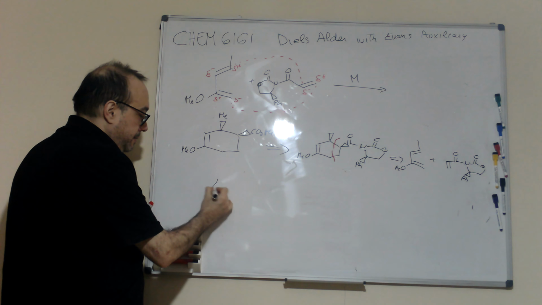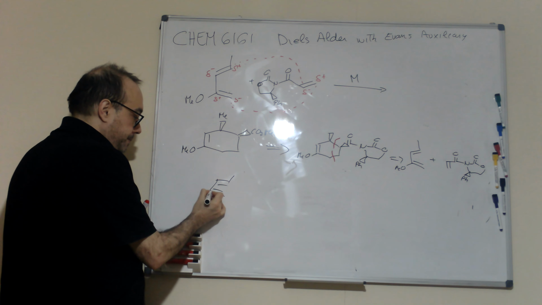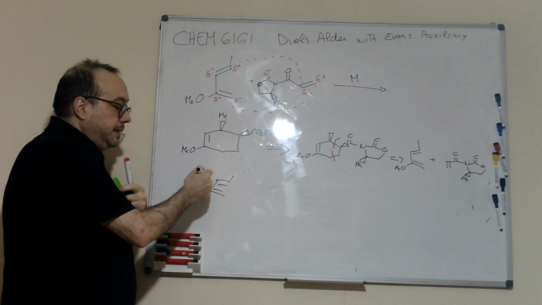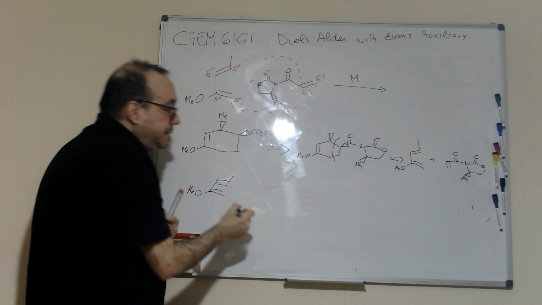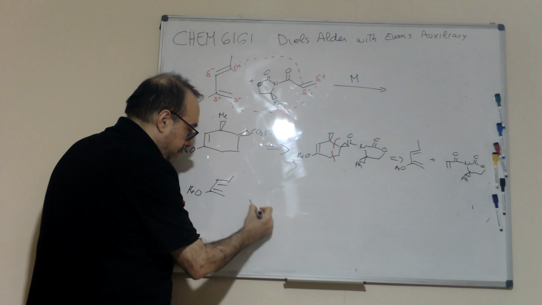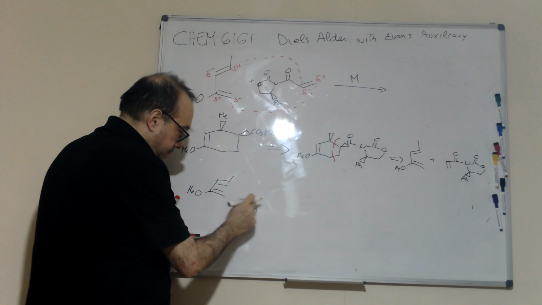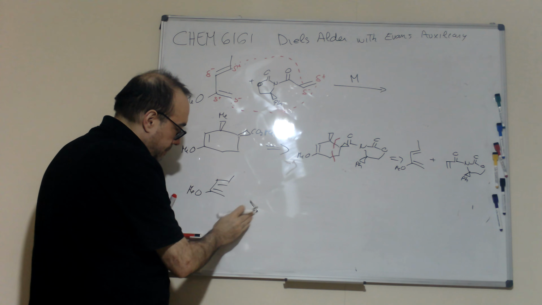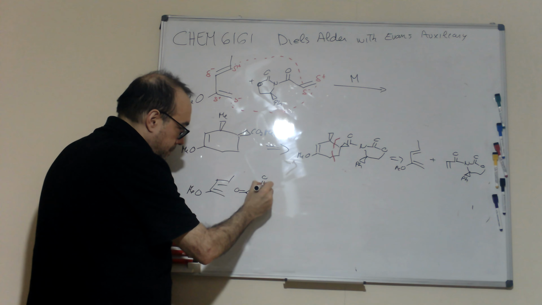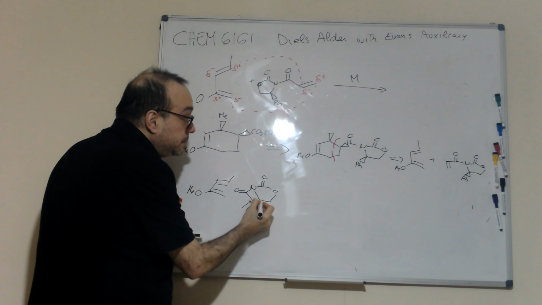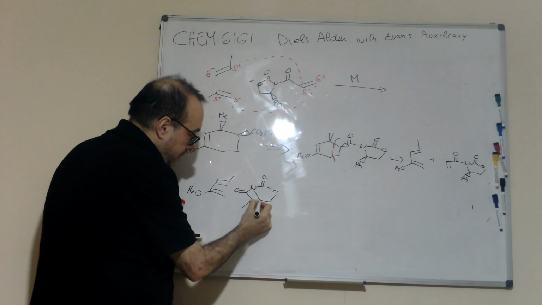That means I have here the diene perpendicular to the plane of the slide, and then I add the alkene.